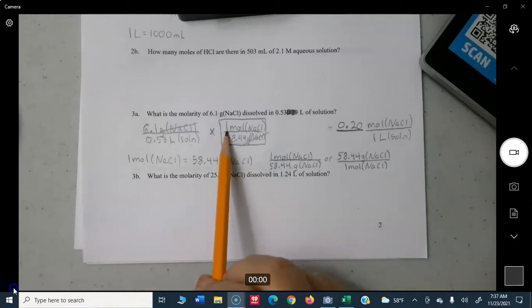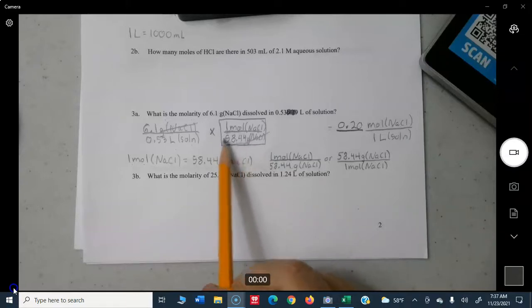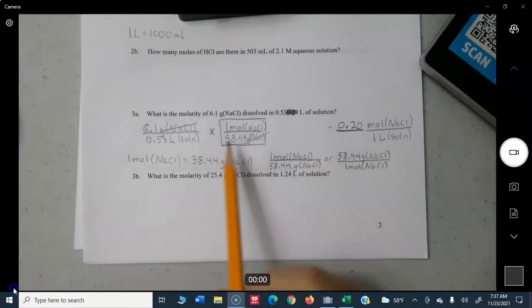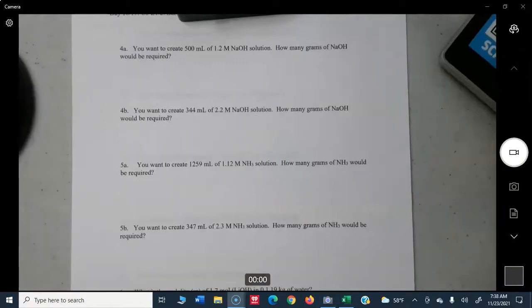It does not limit your significant figures. What was the measured value is this. You could find some periodic tables that have this mass to 7 significant figures. We don't do that. We have one that does it to 2 places after the decimal. So don't let the 1 mole in this limit your significant figures. Okay, and that takes care of that.